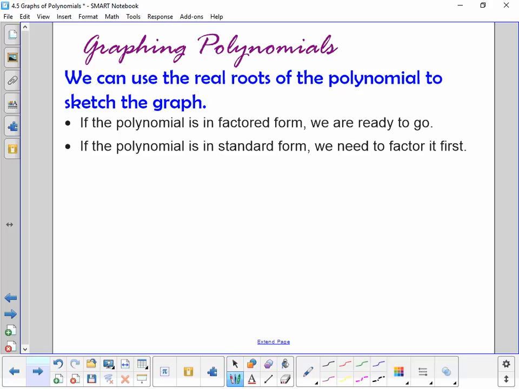So we're going to do some graph sketches of polynomials just using the end behavior and the factors. If our polynomial is in factored form, it's going to be just ready to go. We don't need to do any extra work to graph that. If it's in standard form, we will factor it first in order to put it in intercept form.